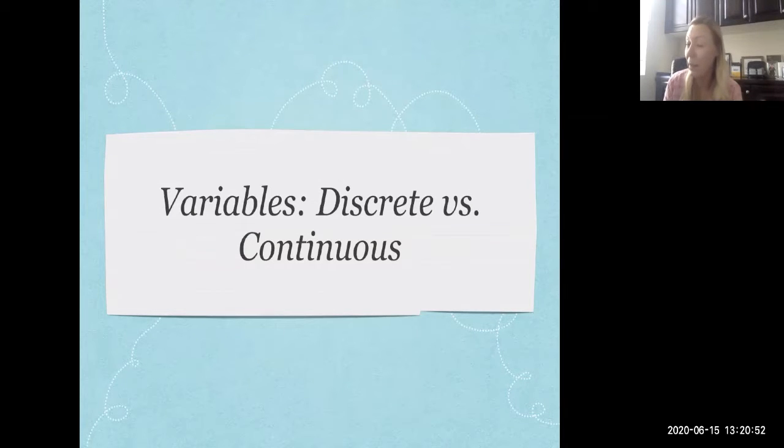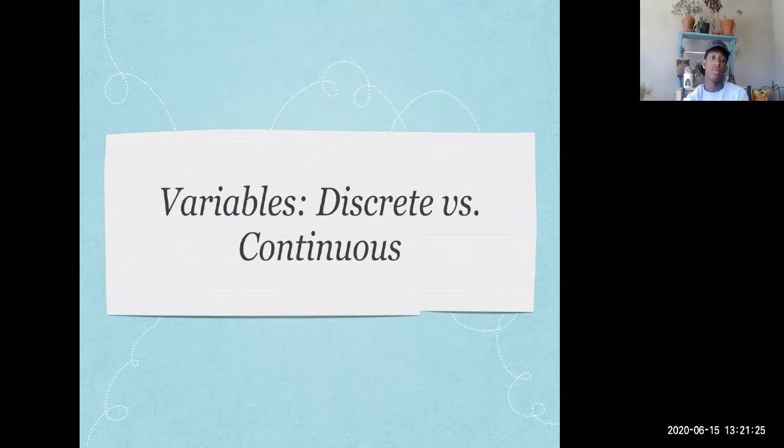I think I'm a little bit more than 5'7", but maybe I've shrunk in the last 10, 15 years, right? So I could be 5 feet 7.25 inches or 5 feet 7.2531 inches, right? It depends on what level of accuracy you're measuring to. And so that's a continuous numerical variable. So again, discrete, the key word we're jotting down is a countable number. Continuous, it depends on what level of accuracy you're measuring to.